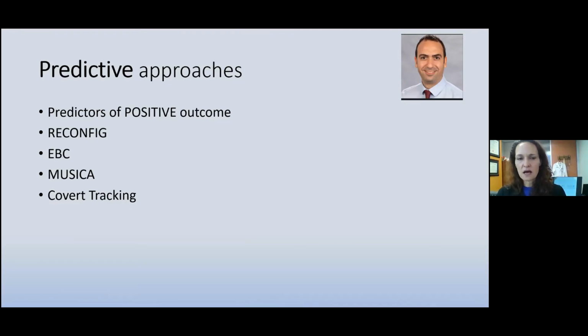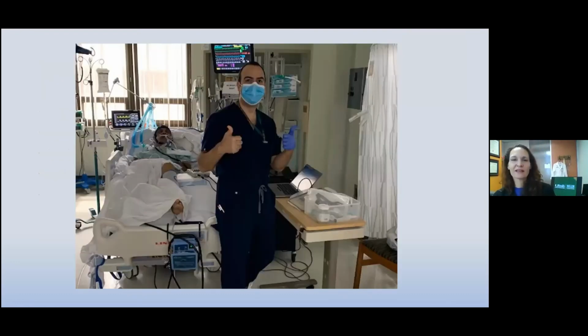Musica is in patients who I think have also TBI, and we're looking at their differential responses to music and language. And then covert tracking is looking at eye movements. The PI for all of these is Dr. Alkashroom. That's why his picture is up there. And you see him like this in the unit a lot, even when he's not on call.